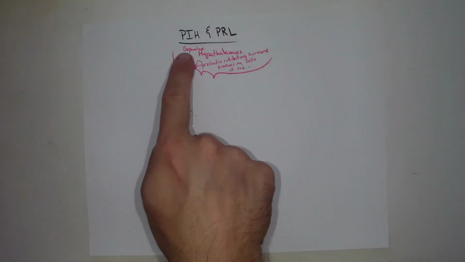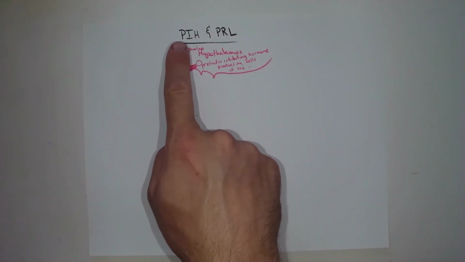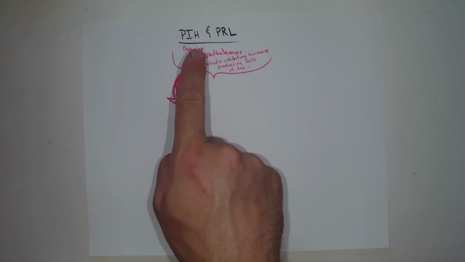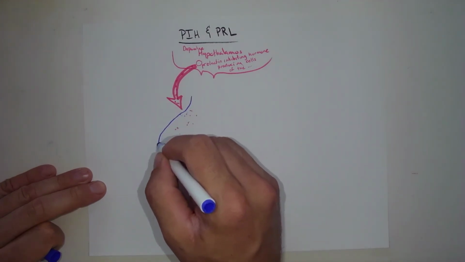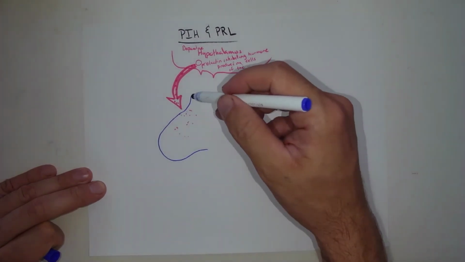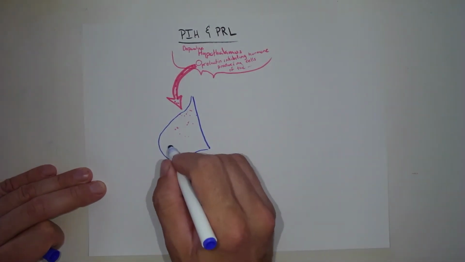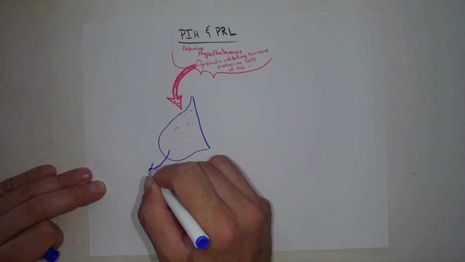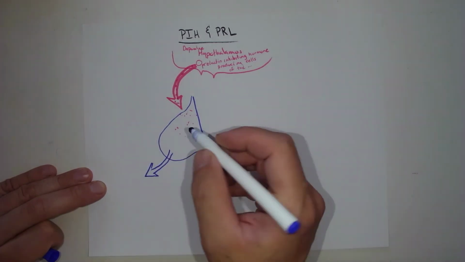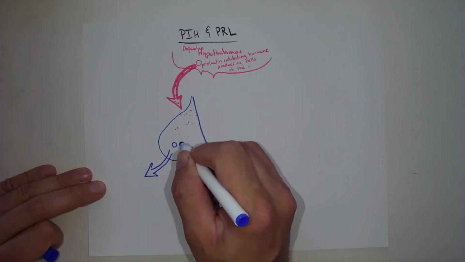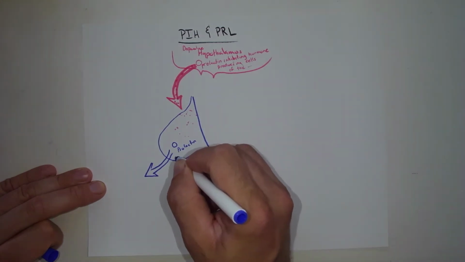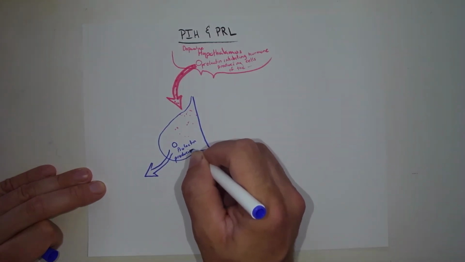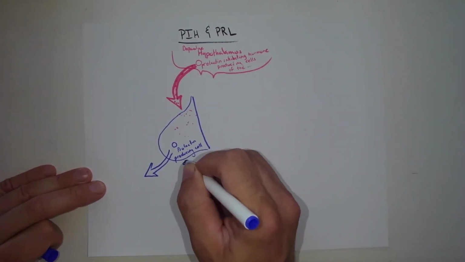And the reason for that is if we enhance dopamine, well, prolactin inhibiting hormone is dopamine, it's going to inhibit the production of prolactin, a hormone produced by prolactin producing cells of the anterior pituitary.